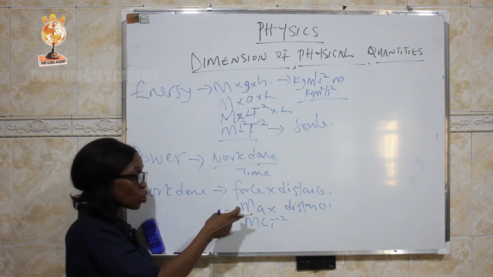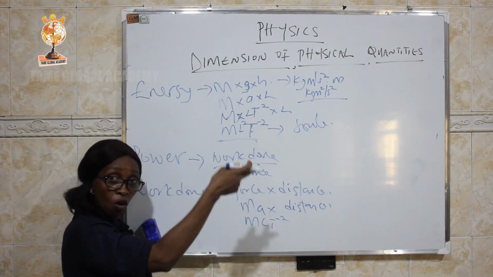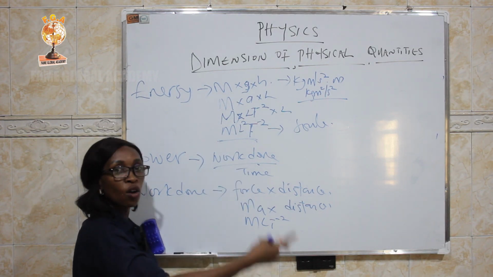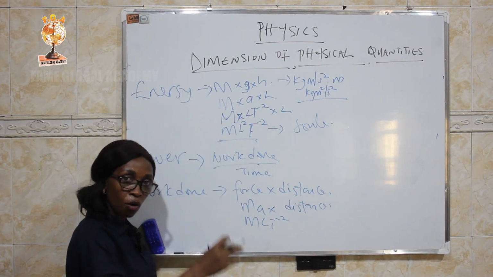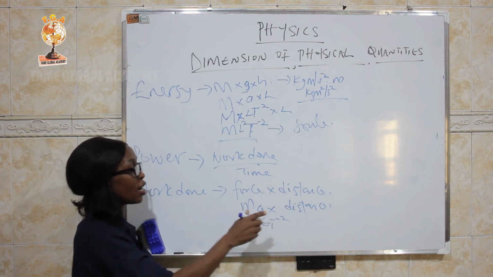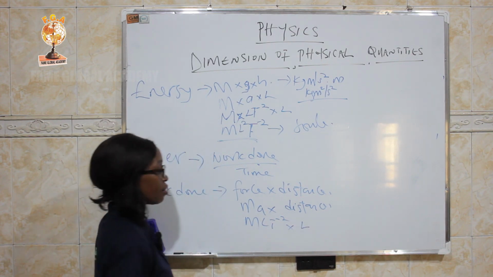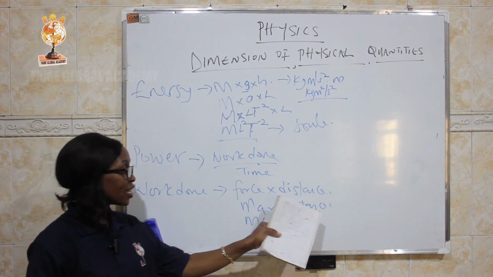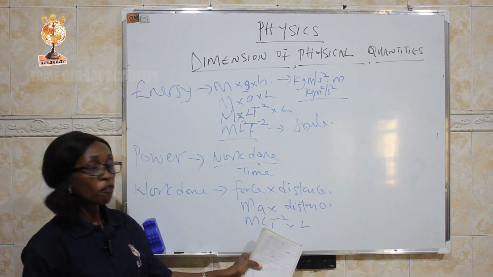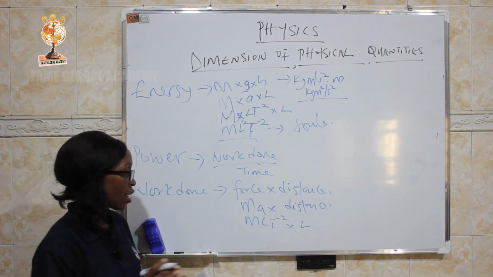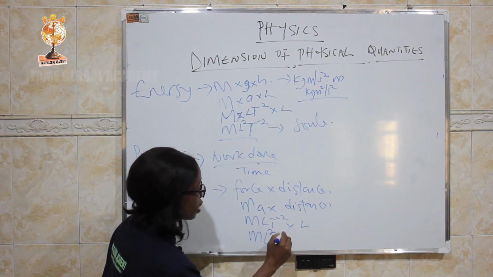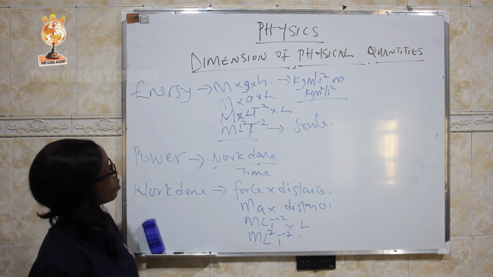We have done it before when we said acceleration is change in velocity over time, and after our calculation, we got that LT minus 2 is the dimension for acceleration. Times L, remember that L is the dimension for distance. So if I put it together, it becomes ML square T minus 2.